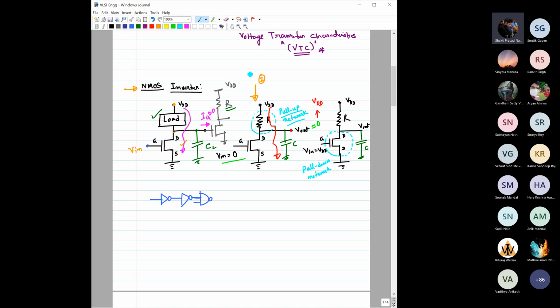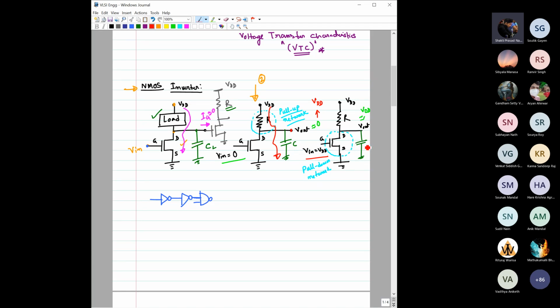Okay. Similarly, if you consider the other case, say here Vout initially is fully charged to VDD. Now what we are doing is applying a voltage Vin equal to VDD. So that means you have completely turned on this transistor.